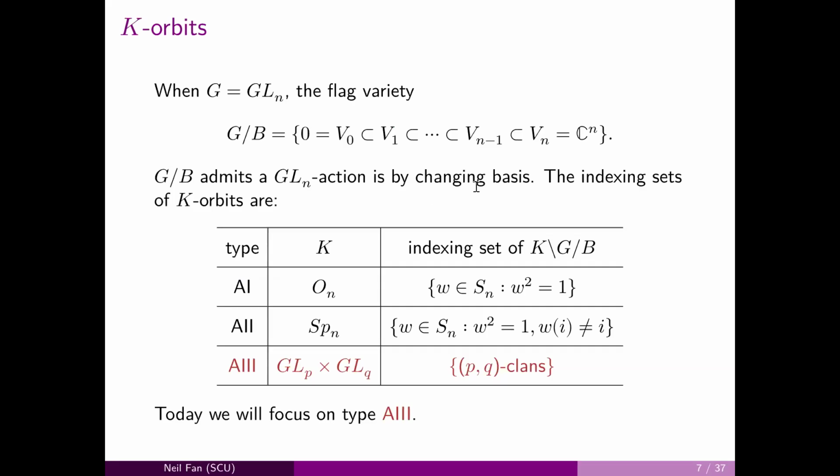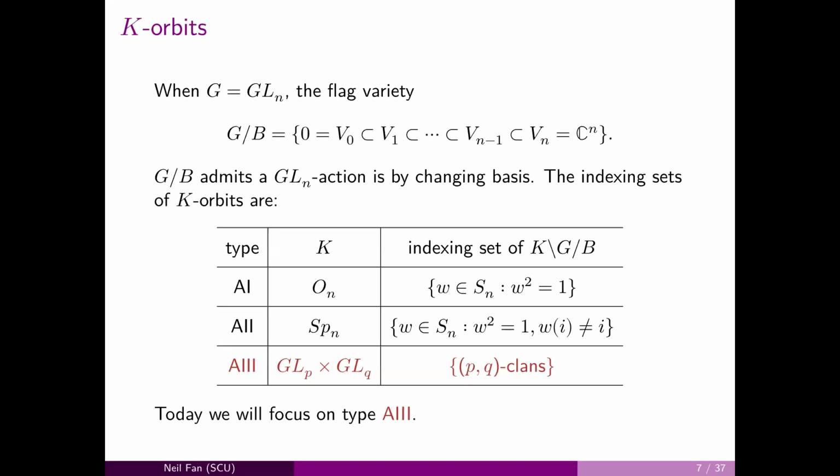So the indexing sets of the K-orbits are as follows. For type A1, the indexing set is just the set of involutions in the symmetric group S_n. For type A2, the indexing set is the set of fixed point free involutions. And for type A3, the indexing set is the set of (p,q)-clans. We will focus on type A3.